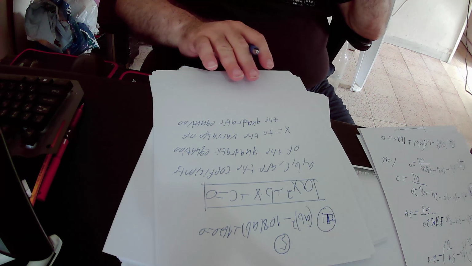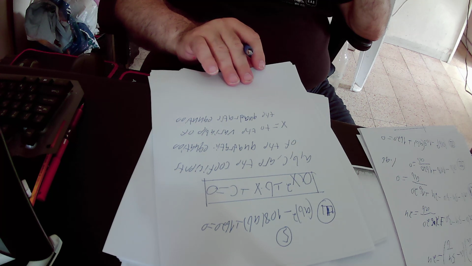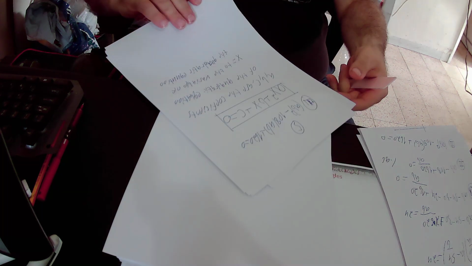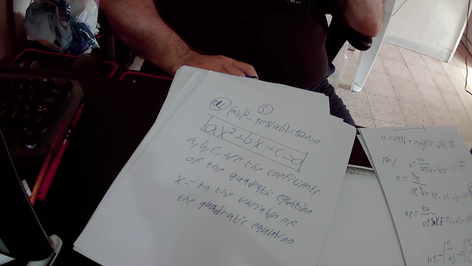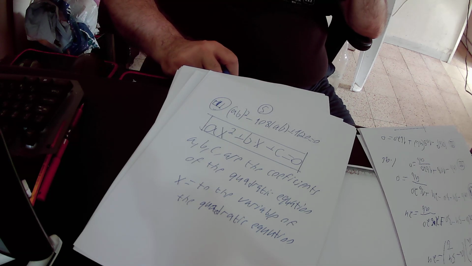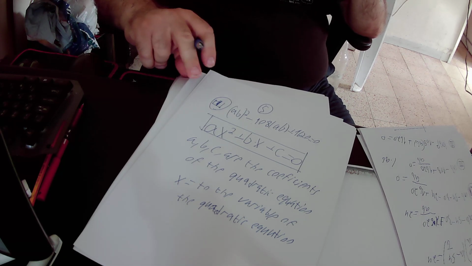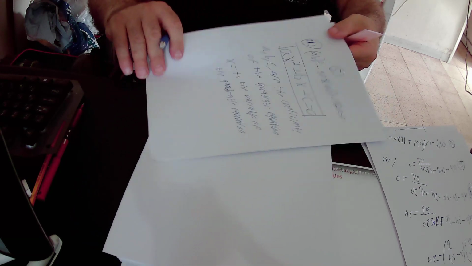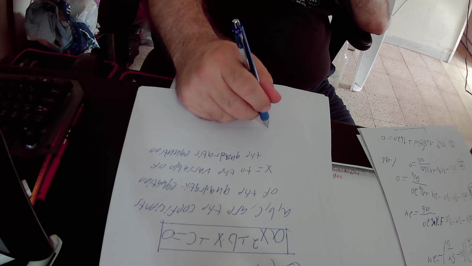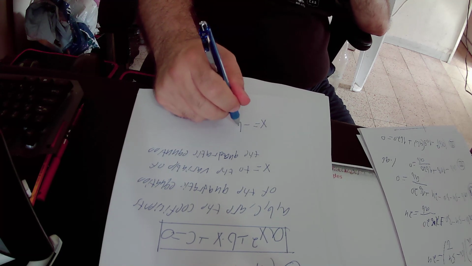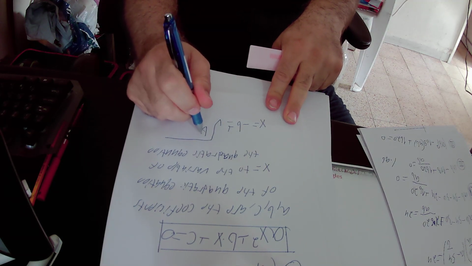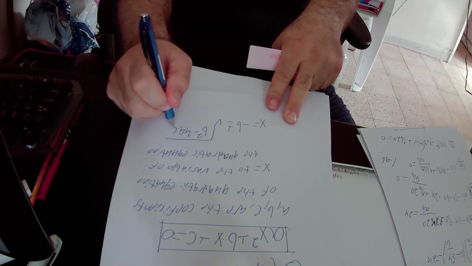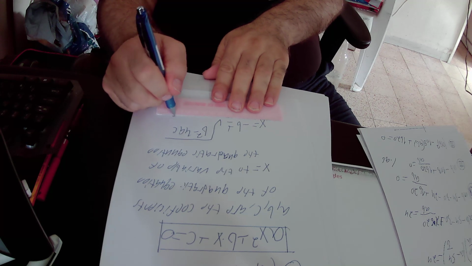Okay, but we have a special formula that will help us to find the variable x of the quadratic equation, and the special formula for x is x equals minus b plus minus the root of b squared minus 4ac all divided by 2a.